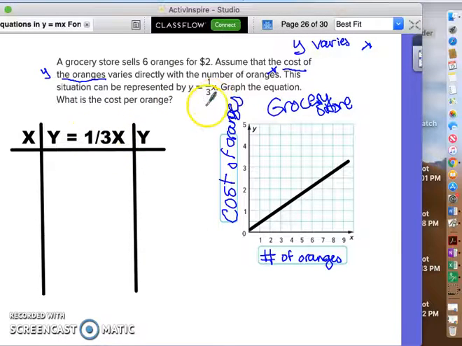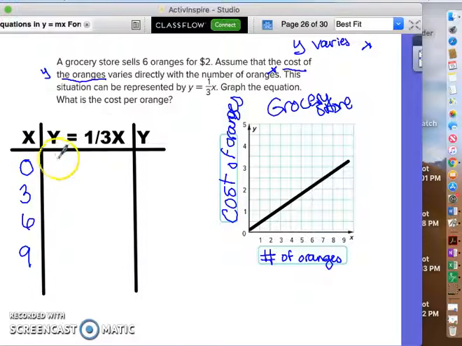Well, here I have a fraction. So I want to choose x values that can be divided by 3. So divisible by 3: 3 can be, 6 can be, and 9 can be.